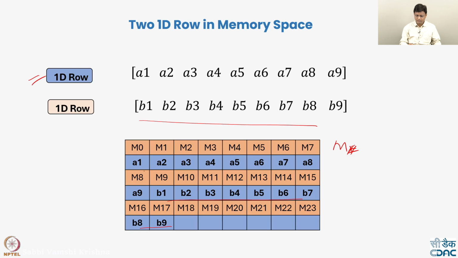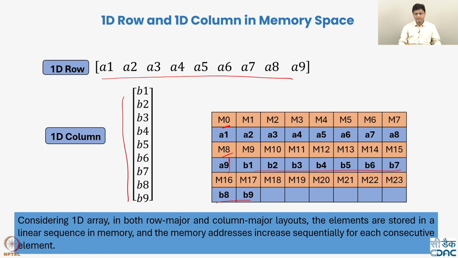Here you can see how the elements are stored in memory locations for two arrays declared in row form, or you can say horizontally. And in this case I again define two arrays, one row wise and another column wise. When we look at how they are stored in memory locations, there is no change in the two cases, whether I am using row major or column major.